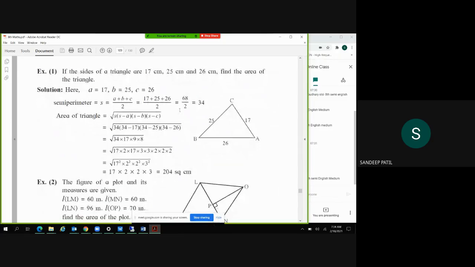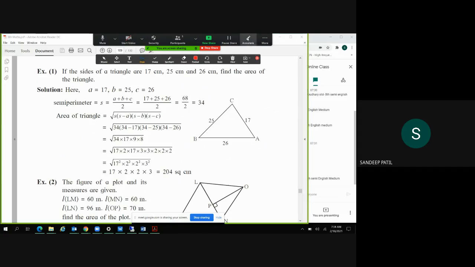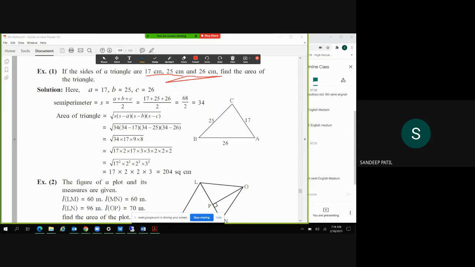Let's see the exercise here. If the sides of a triangle are 17 centimeter, 25 centimeter, and 26 centimeter, then find the area of the triangle.